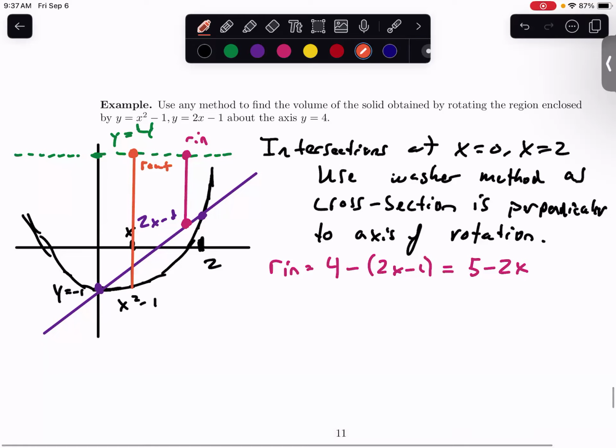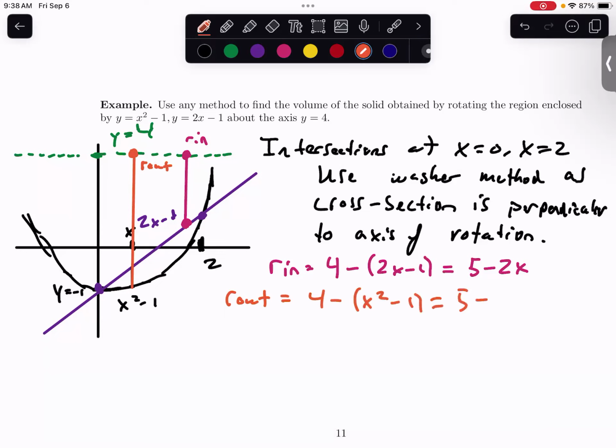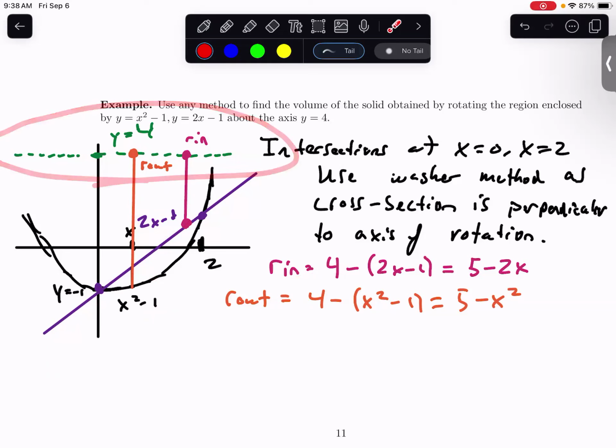I just wasn't careful enough. But the outer radius is going to be 4 minus this x squared minus 1. So this ends up being equal to 5 minus x squared. Right? So you shouldn't be thinking in terms of which function is above the other function when determining which radius is larger than the other. It's all relative based off of the axis of rotation.